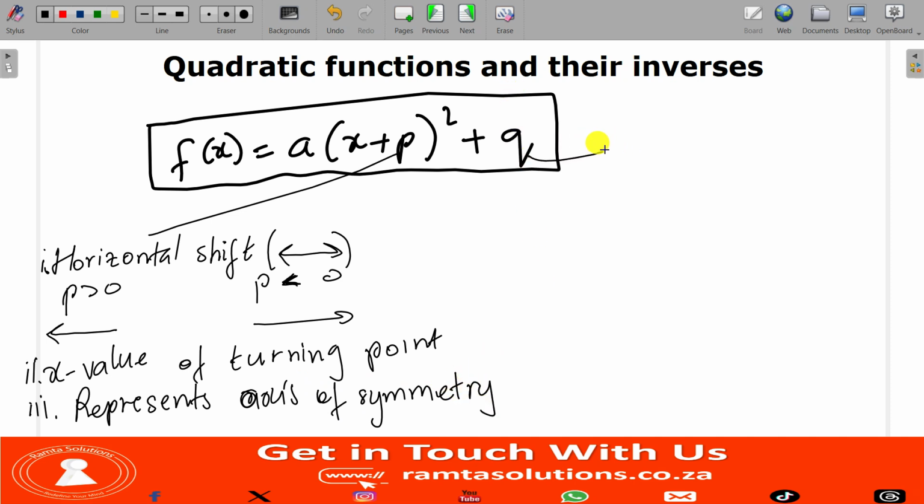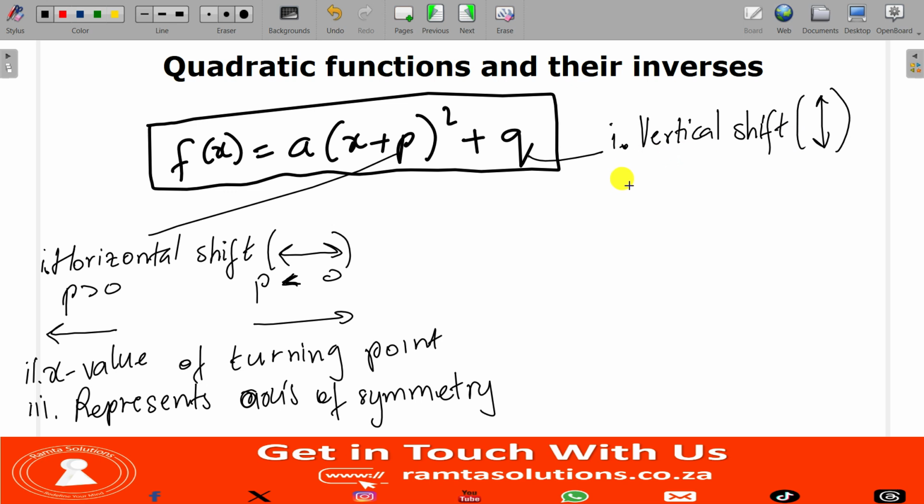Now let's look at q. What does it represent? First, it represents the vertical shift. Vertical shift is involved with movement up and down of your graph.